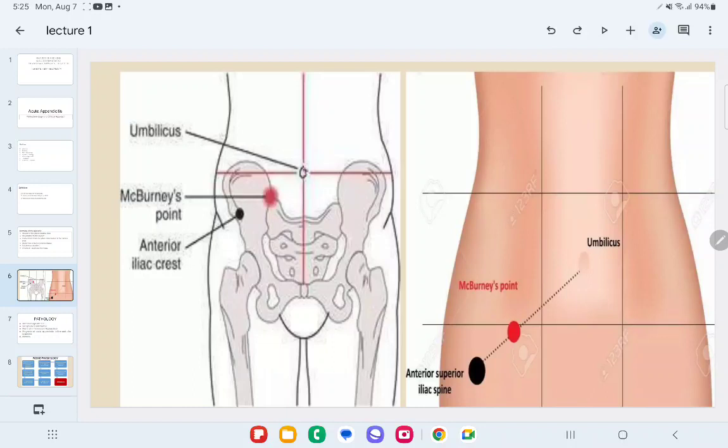If you draw a line from the umbilicus to the anterior superior iliac spine, the point which trisects that line, one third from the anterior superior iliac spine, is what we call McBurney's point, and it lies directly above the appendix. This is one of the important landmarks in the examination of acute abdomen or acute appendicitis.